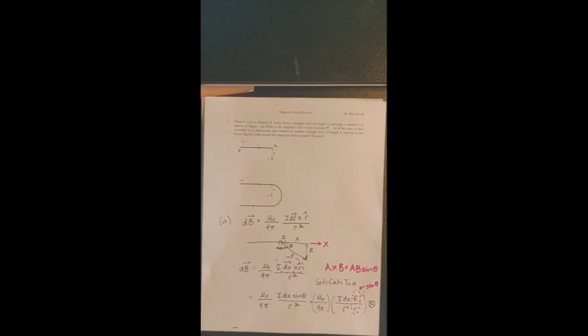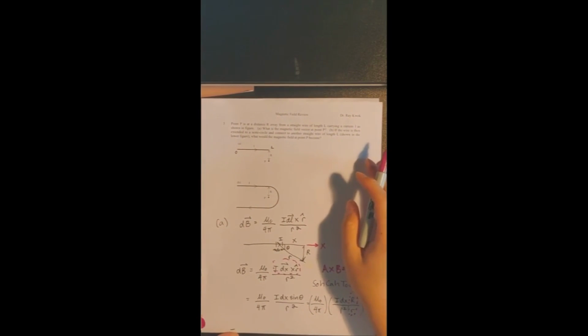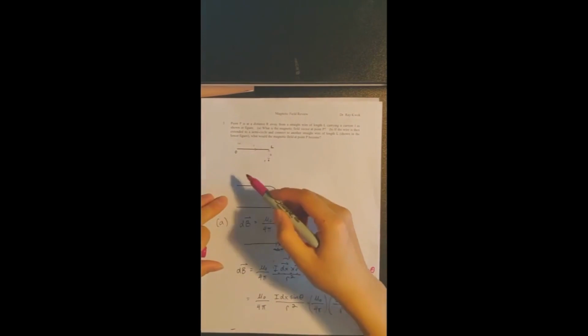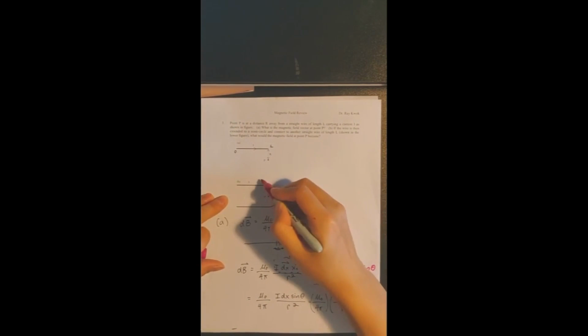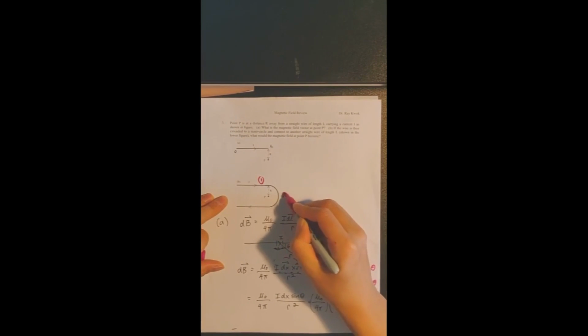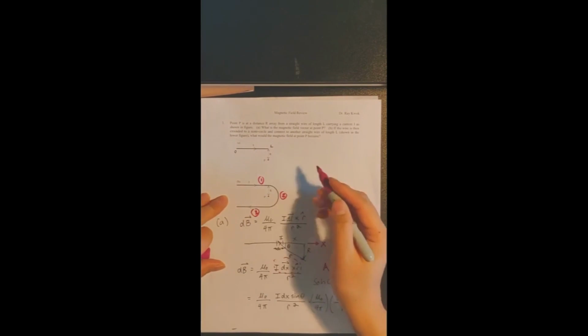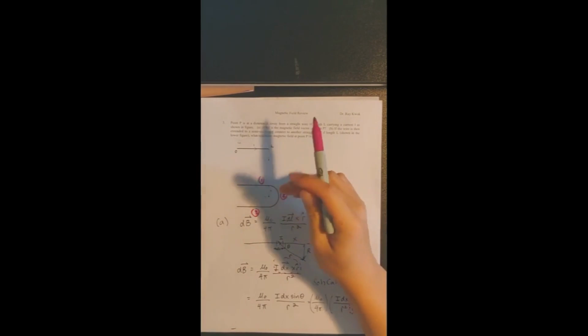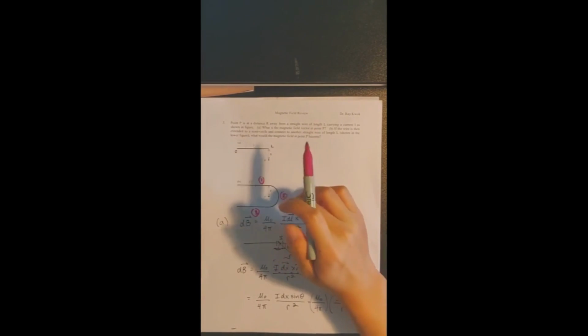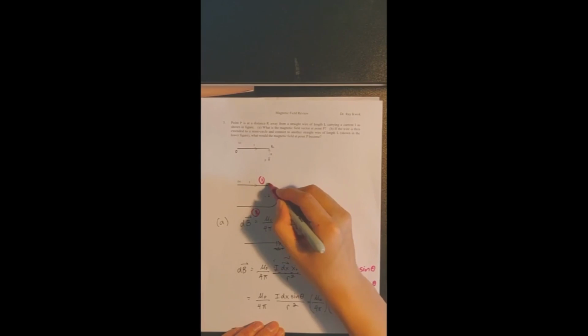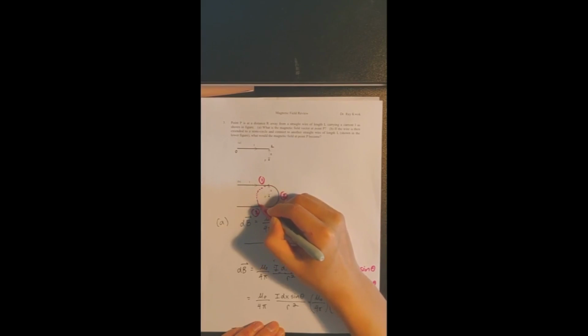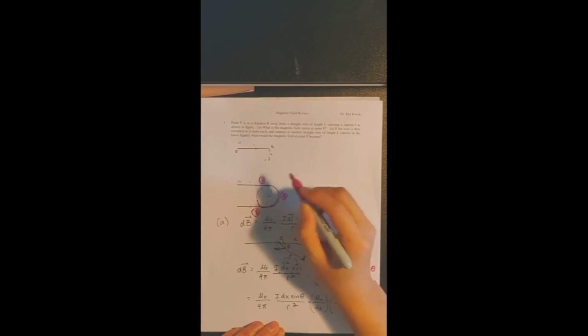I think it's important to realize that this is just 3 separate problems, right? We can think about it in 3 different parts. First part, second part, and third part. All this really is 2 wires from part A combined with this little circular wire right here. So we can think about this as a little circle.